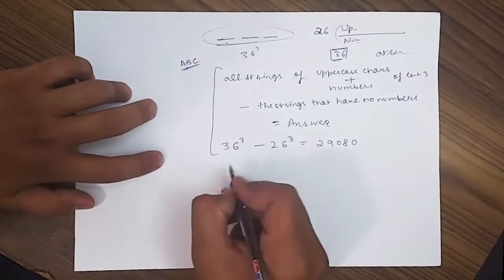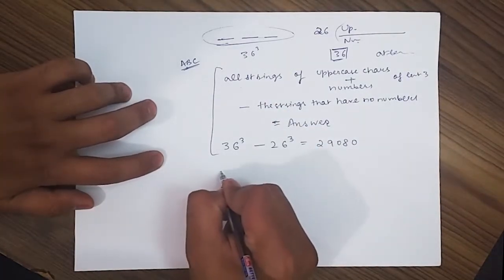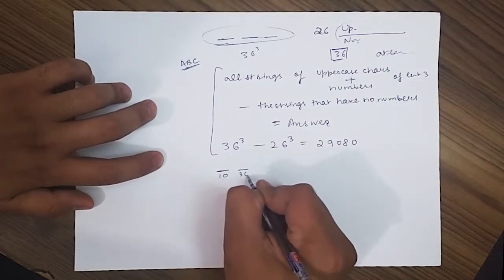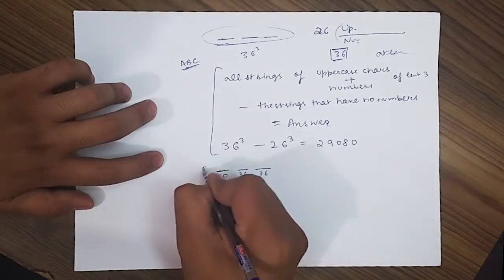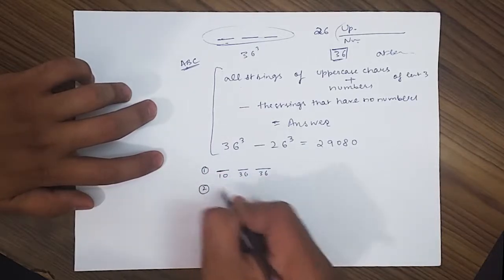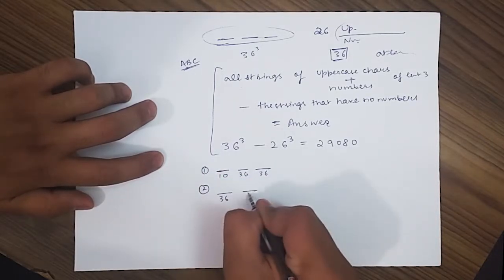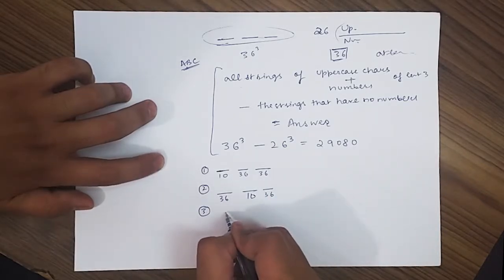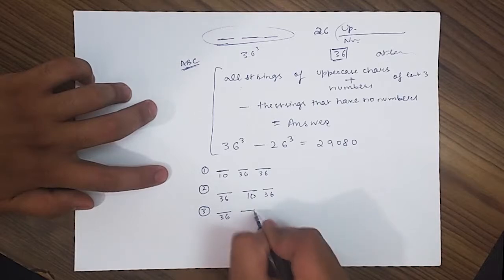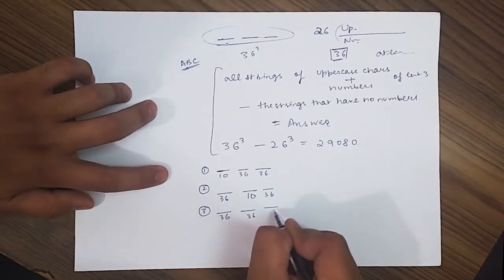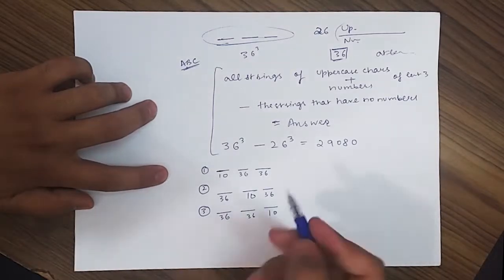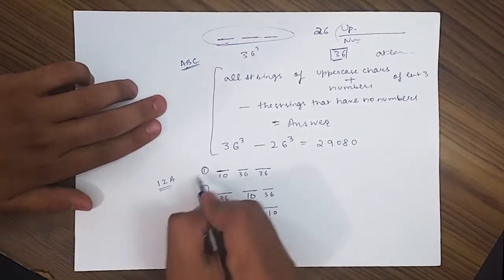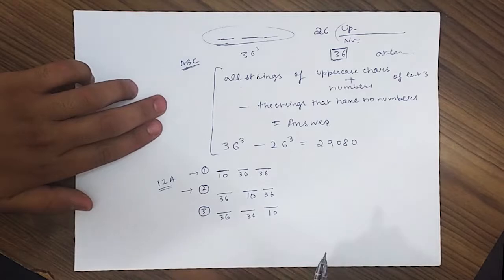So previously what you were doing is you were counting these 3 cases: 10, 36, 36; 36, 10, 36; 36, 36, 10. So you were counting a lot of duplicates. Let's see, for this string 1, 2, A, it was in this and in this.